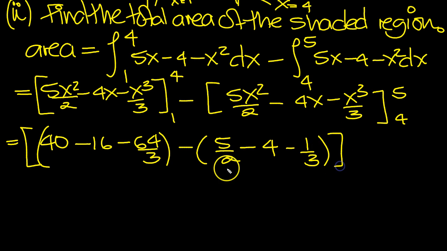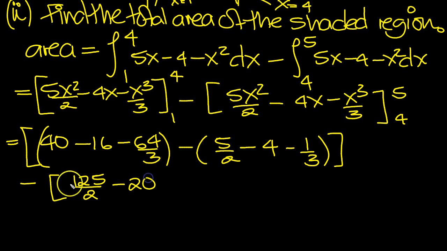So there's that. And then it's minus, and then we have to do 5, don't we? So that's 125 over 2, minus 20, and then minus 125 over 3.